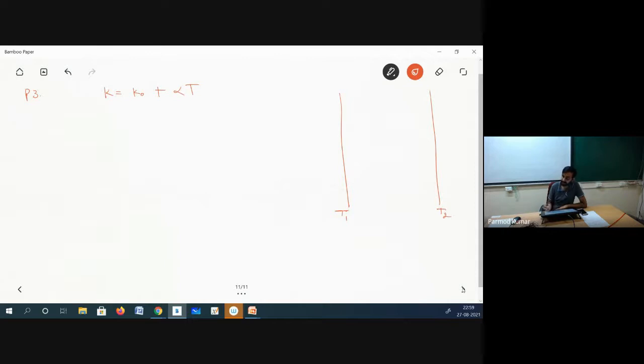So we have to show how this profile looks if we have one-dimensional steady state condition. Okay, so we know that heat flux through this can be obtained using Fourier's law of heat conduction. So I can write qx as minus K into dT by dx. If I substitute the value of K, I will find minus K naught plus alpha T into dT by dx.